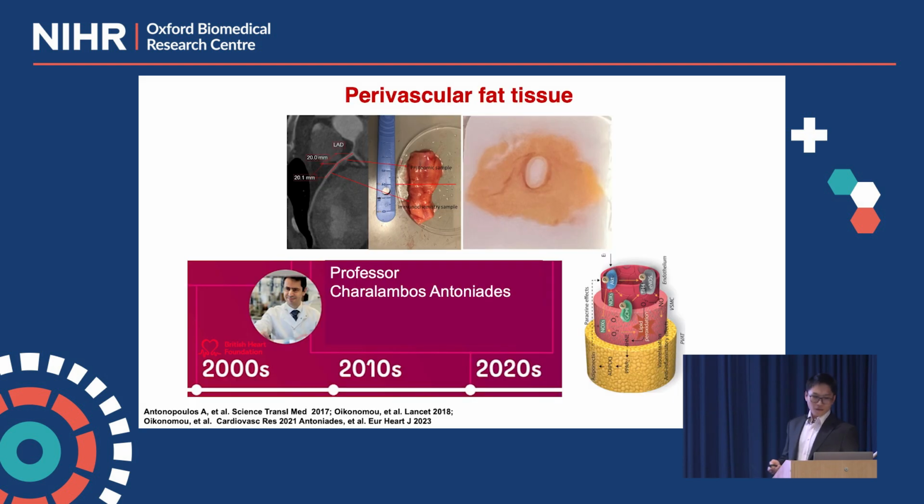So the basic science discovery from our lab, led by Professor Antoniadis over the last decade, has found that the fat tissue around the vessel is not just providing support and protection for the vessel. It actually has quite a lot of involvement in the metabolism of the heart arteries, as you can see in this.